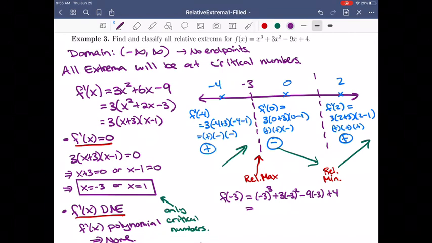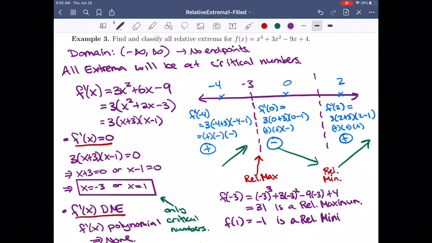If you compute that, I think you get 31. This is a relative maximum for f. And f of 1, which I'm just going to tell you is negative 1, is a relative minimum of f. And those are the only extrema values.